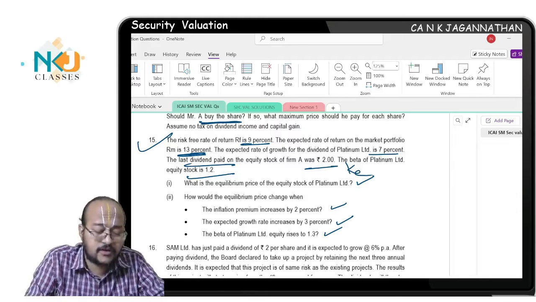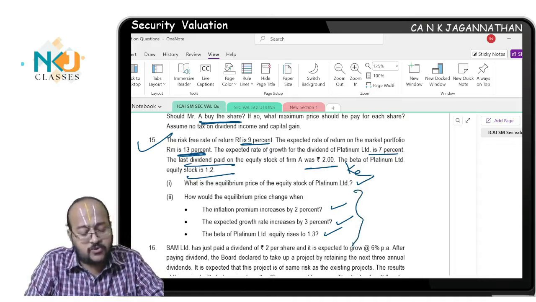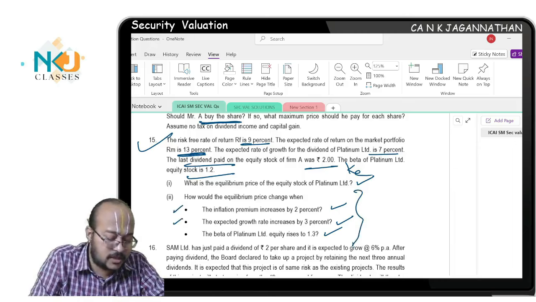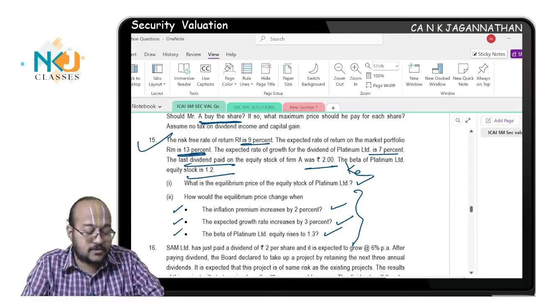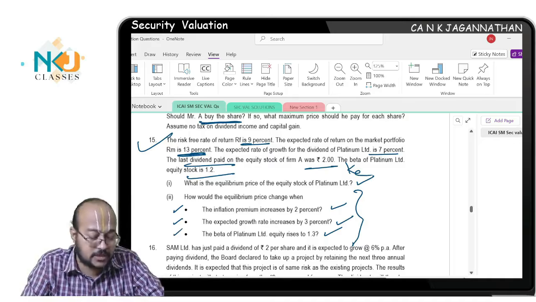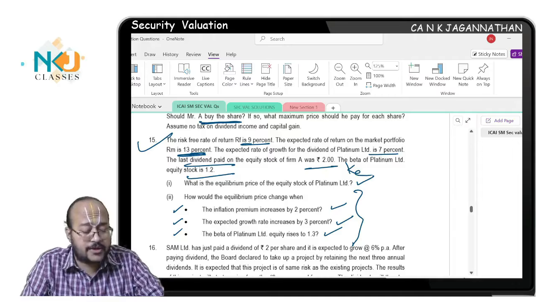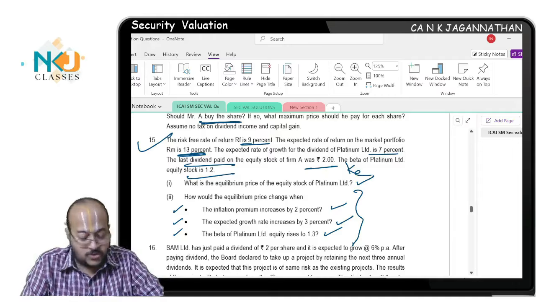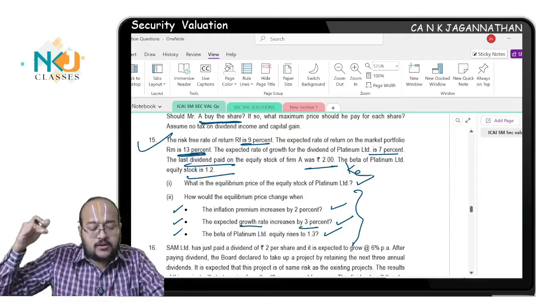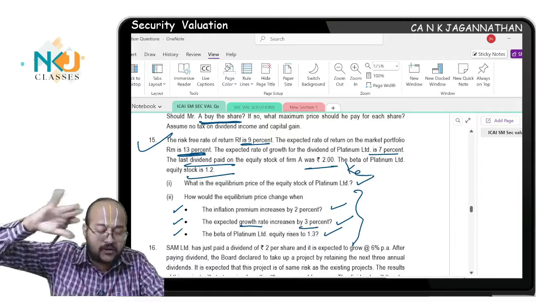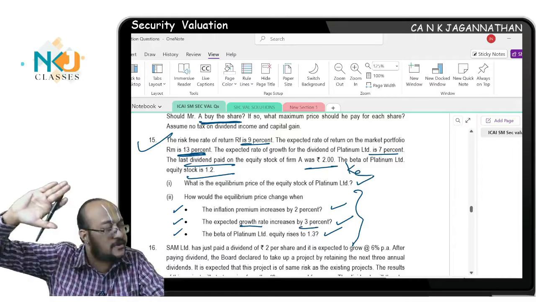Earlier the institute gave the solution considering these three as separate changes, which means if the inflation premium changes by 2%, assume the growth rate and beta stay the same. If the growth rate increases by 3%, the other data, beta and inflation premium, stay the same.